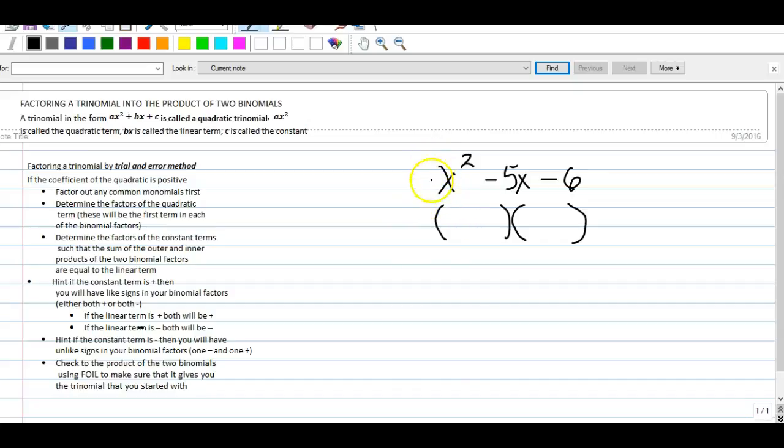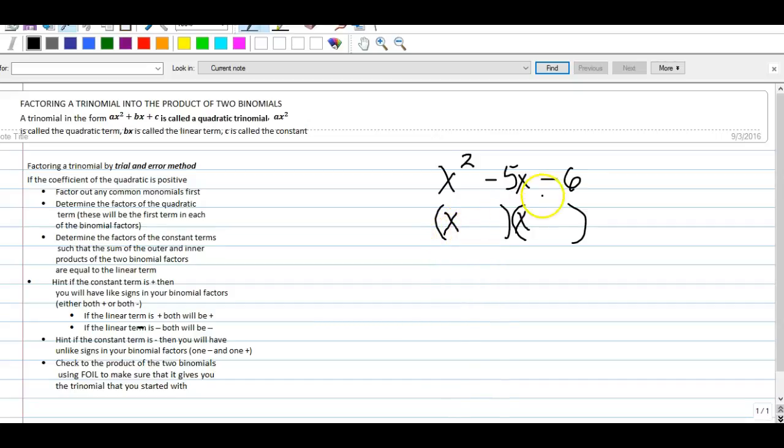And again, here the coefficient of your quadratic term is 1, so that simplifies our factoring process somewhat, because the factors of x squared are x and x, because x times x is x squared.